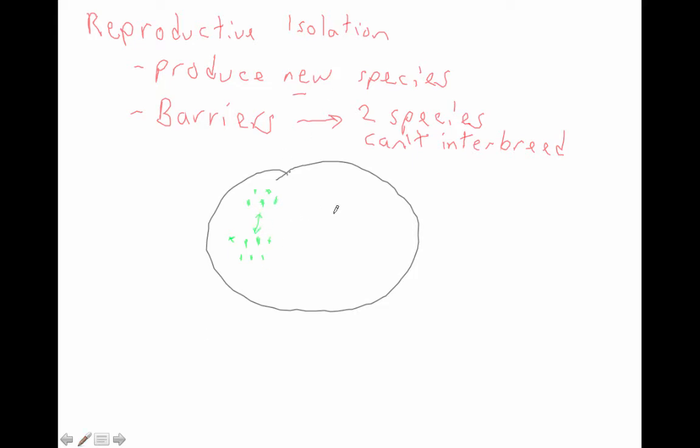Now let's say there were some mountains here, perhaps, maybe a lake of some sort. But whatever it is, it's blocking these two populations, the red population. And so it could be easily seen, I think, that there would be no gene transfer between these two species.